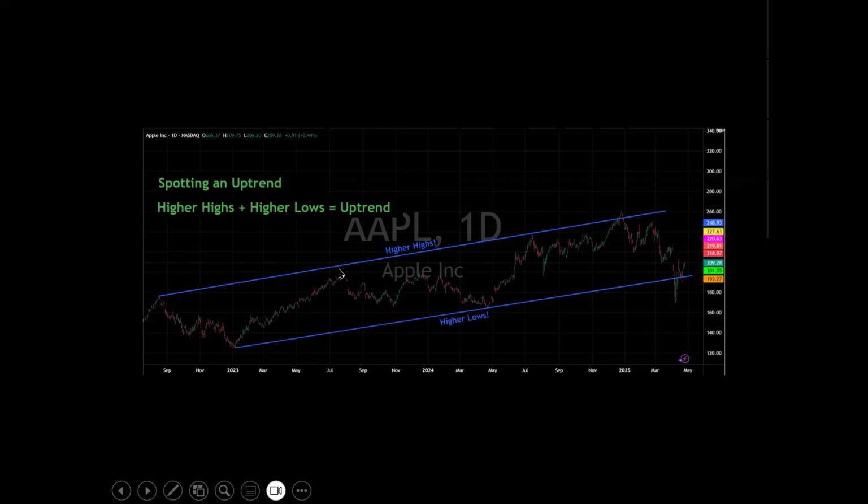This is a high, so I could have touched that, but I went a little further. This is a high right here, peaking above everything else. So a higher high is this high being higher than that high being higher than that high.